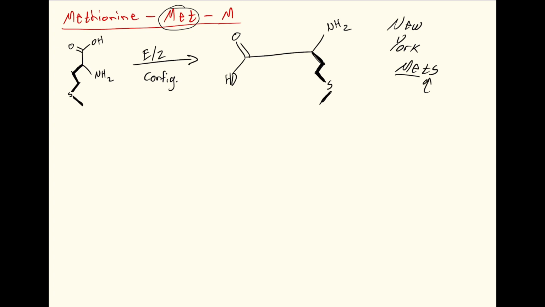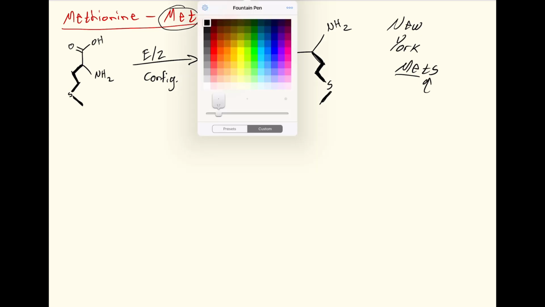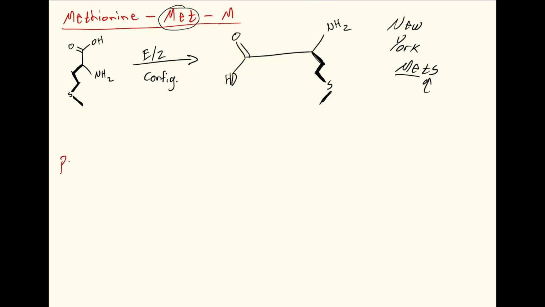All right, the next structure we're gonna draw is phenylalanine. So here we go. Phenylalanine. The 3-letter code is PHE, and the 1-letter code is F. Okay, this one, it's not as bad. Almost like valine.